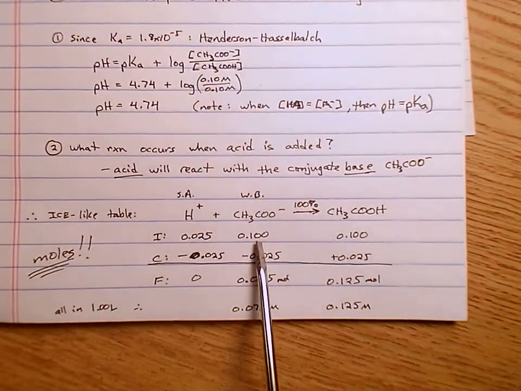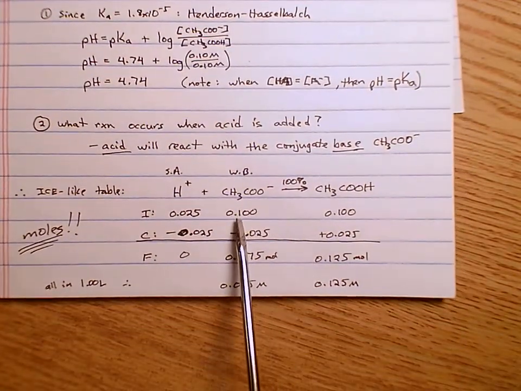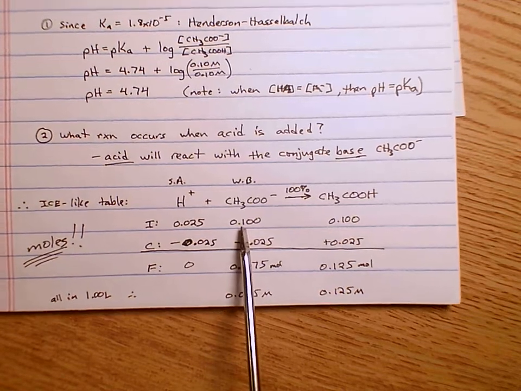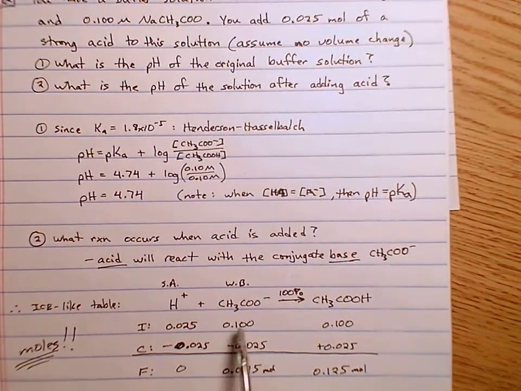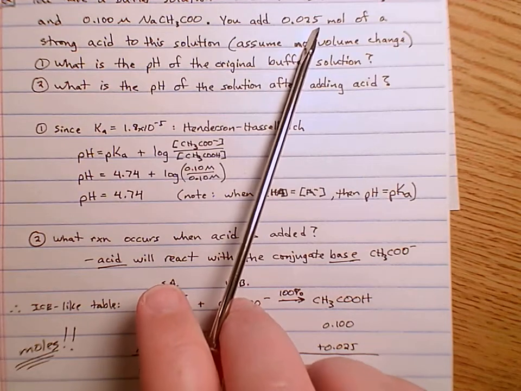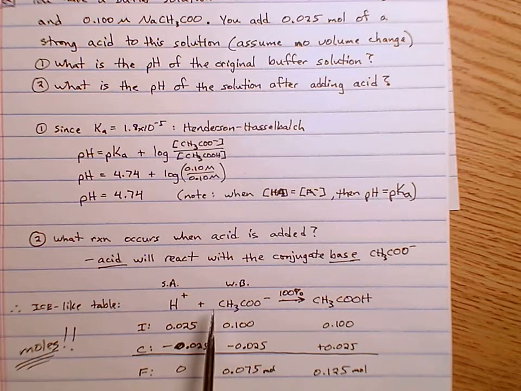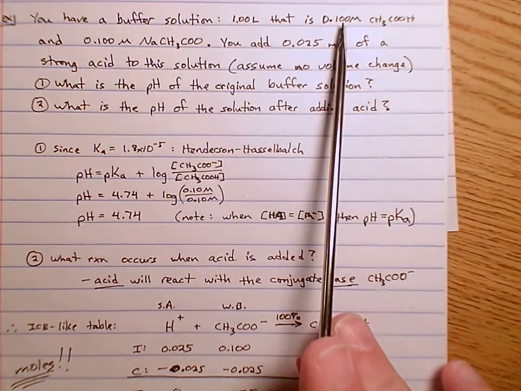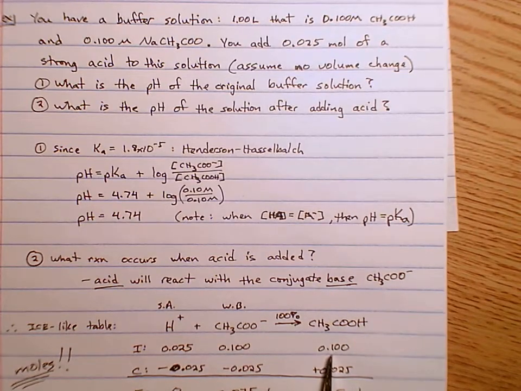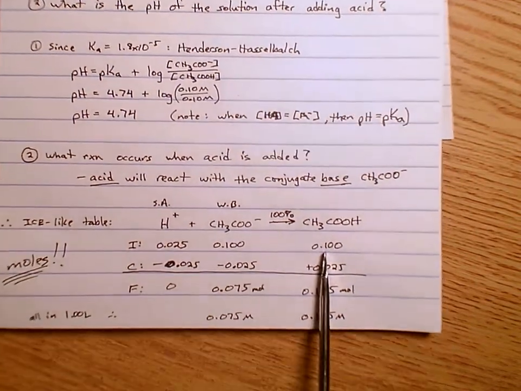Note our problem said we added 0.025 moles of our strong acid. So our initial strong acid is 0.025 moles. Our problem said we also had 0.1 molar acetic acid up here, so we got 0.1 moles of acetic acid.